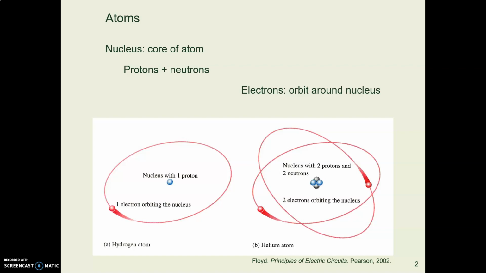And as you probably know, all matter is made of atoms, which consist of what we think of as these three elements. In the nucleus, in the middle of an atom, are protons and neutrons, and then orbiting around the nucleus are electrons.